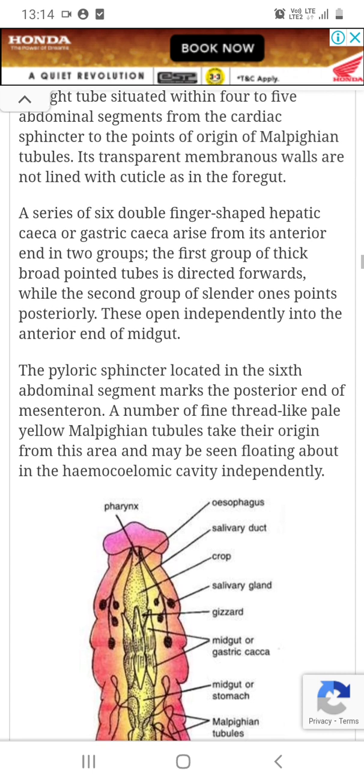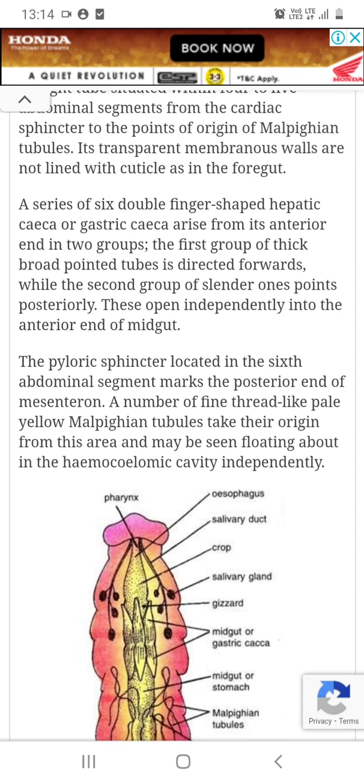A series of six double finger-shaped hepatic caeca or gastric caeca arises from its anterior end in two groups. The first group of thick, broad, pointed tubes is directed forward, while the second group of slender ones points posteriorly.